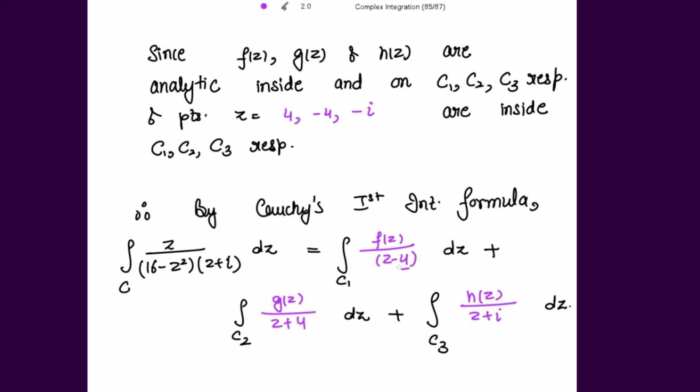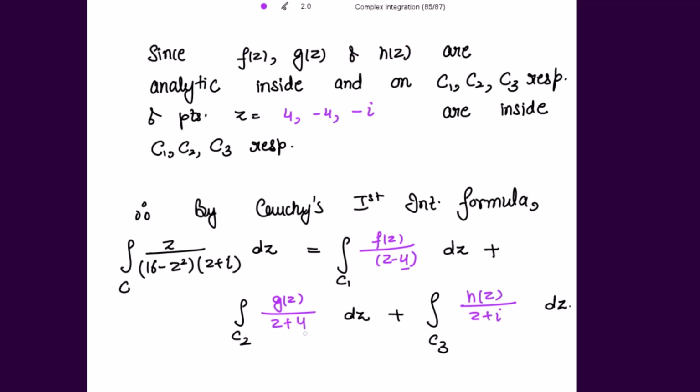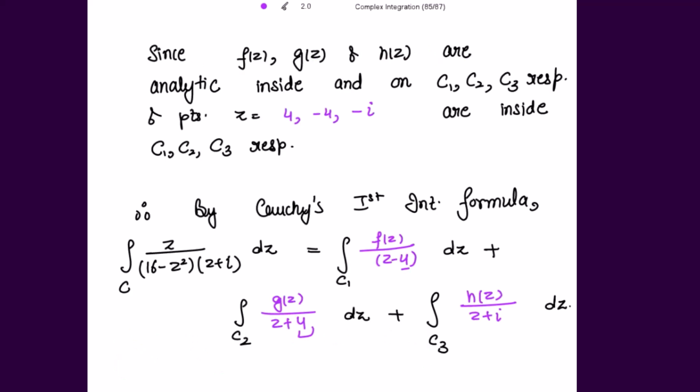So this integral is equal to 2 pi iota f of 4 if you match the result with this theorem, plus 2 pi iota, and for C2 I am having z naught as minus 4 because it is z minus z naught. So z naught is minus 4 over here. So this is g of minus 4.